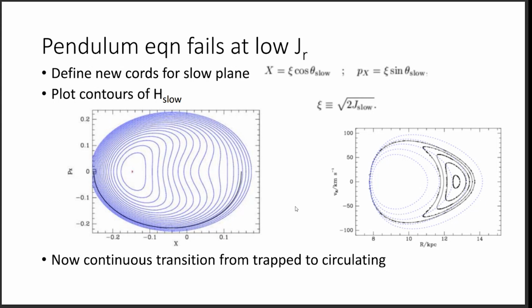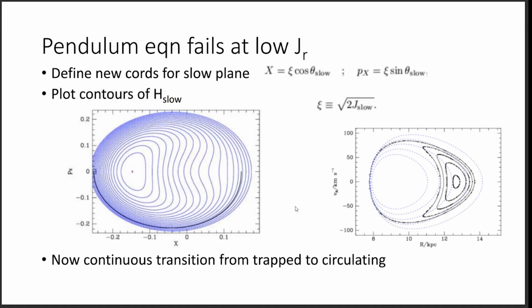And there are two sorts of contours here. There are ones which go all the way around, from negative x to positive x and back again. And there are ones which only go around at negative values of x. These ones are librating, and these ones are circulating, but there's no discontinuous transformation.